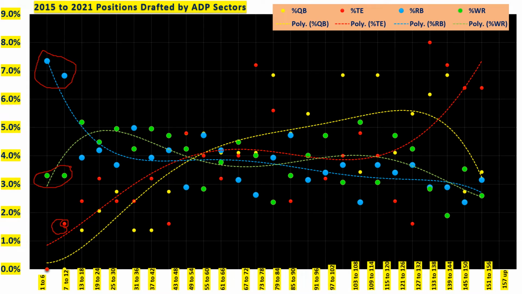Certainly RBs have dominated. I'm not saying that hasn't happened, but there have been years where wide receivers have been more prominent in being drafted in the top 12, the 1 to 6 and 7 to 12 ADP sector.